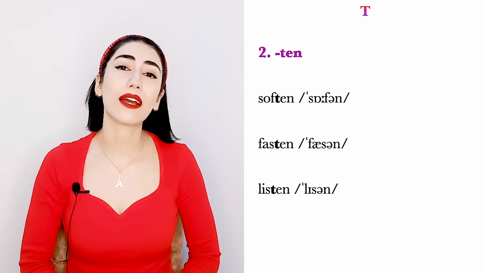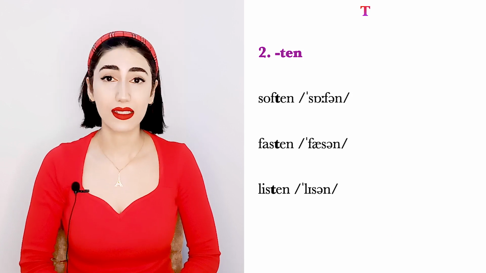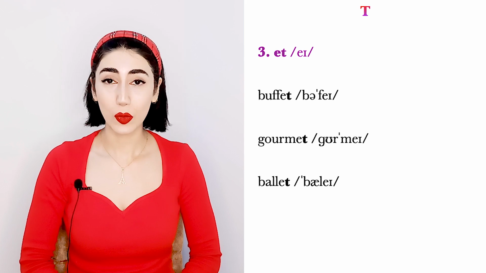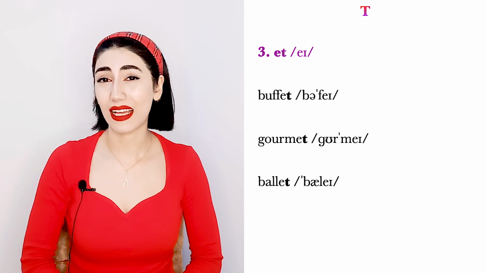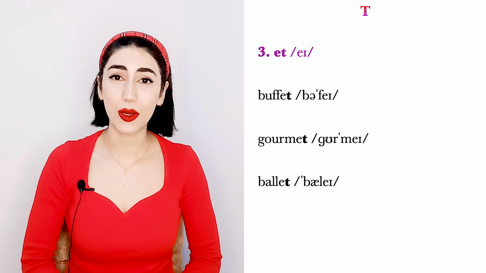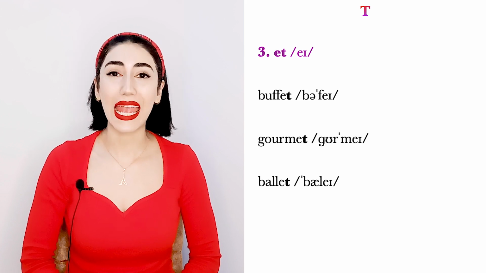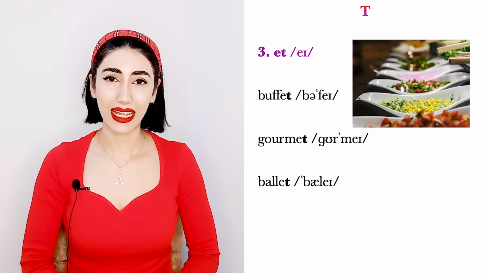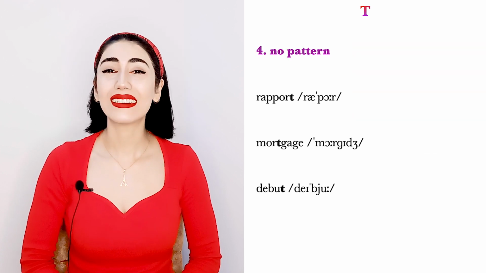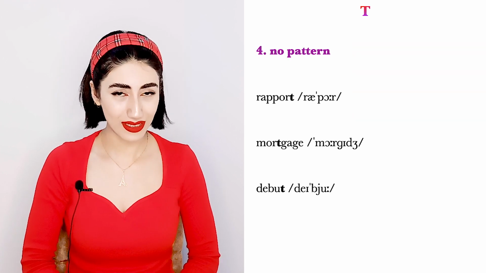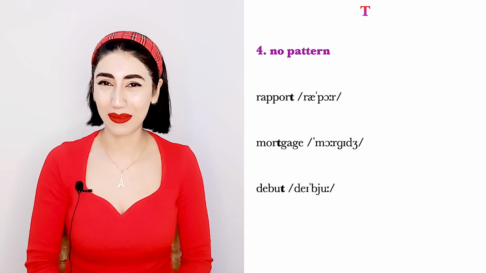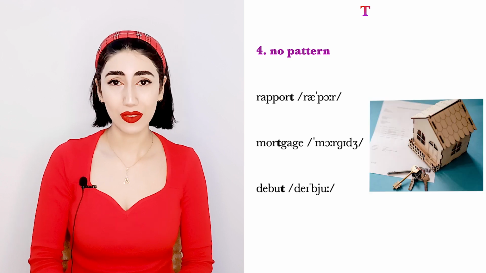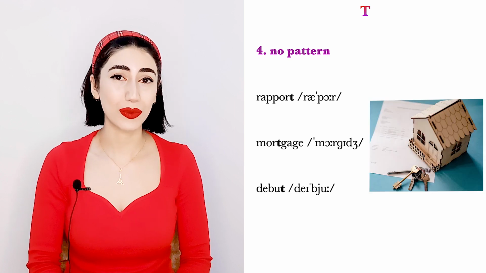And sometimes when we have TEN, like in soften, fasten, listen. And when we have ET at the end of words, the sound of this ET is A, like in buffet, gourmet, and ballet. And then number 4, no certain pattern. You should just memorize them, like in rapport, mortgage, and debut.